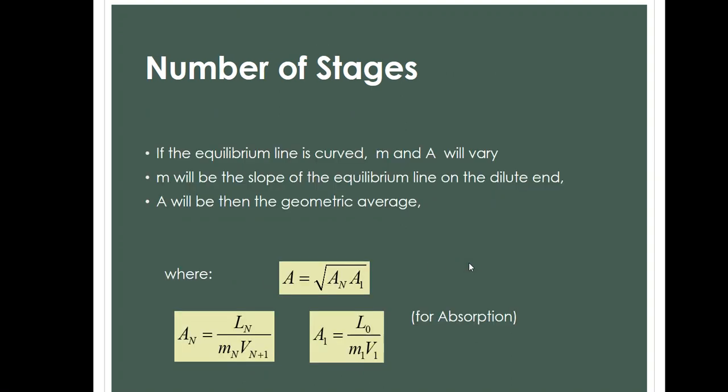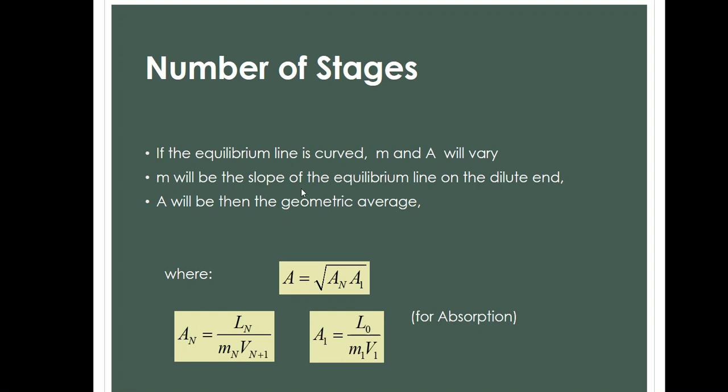Now, if the equilibrium line is curved, M and A will vary. Okay? Your slope of the equilibrium curve, of course, will vary because it's curved. And A, the absorption factor, since this one is dependent on the M, will also vary.